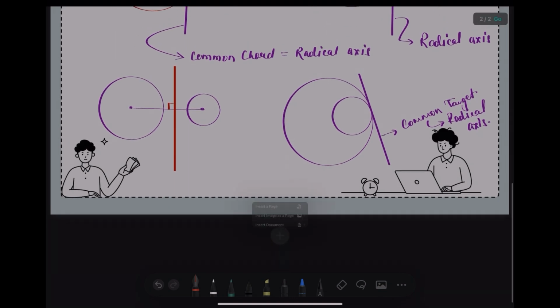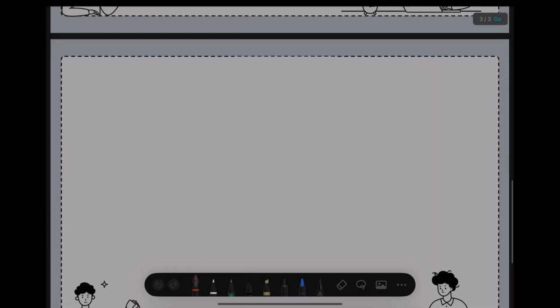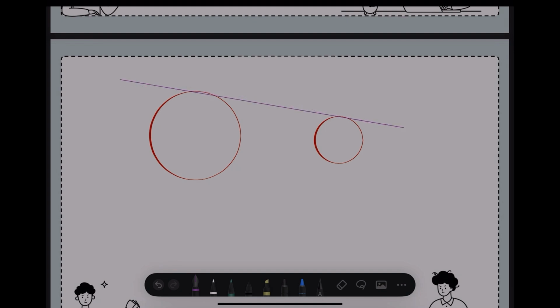Also look at this. Suppose that this is circle 1, this is circle 2, and suppose that you have dropped down one common tangent. Suppose. Yes, it is not clear, but suppose it is correct.